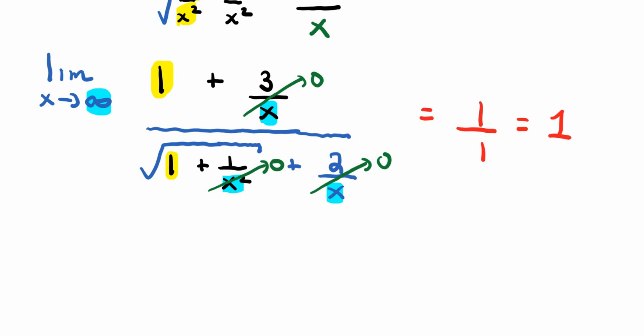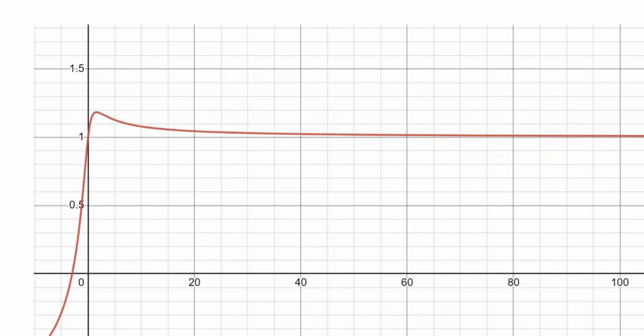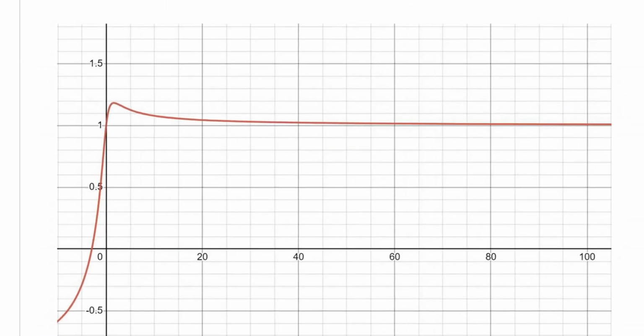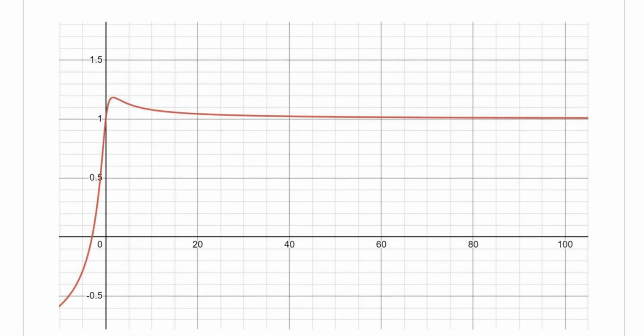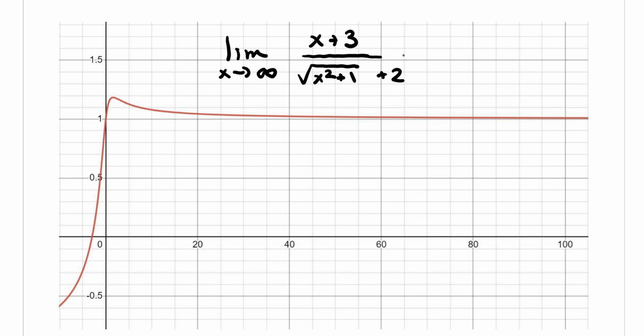Okay, so before I continue on with the next question here, I just want to show everyone a visual of what's going on in this particular problem here. So this particular question was the limit as x goes to positive infinity, and we had x plus 3 on the numerator, all divided by the square root of x squared plus 1, and then plus the 2, right?